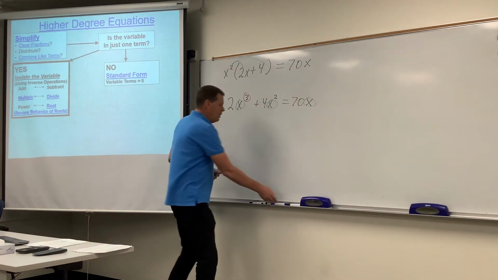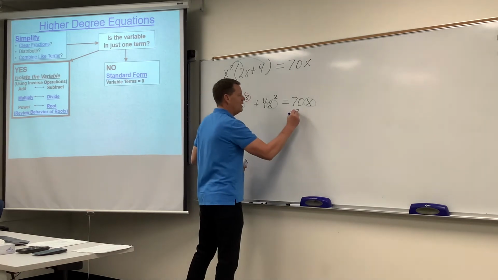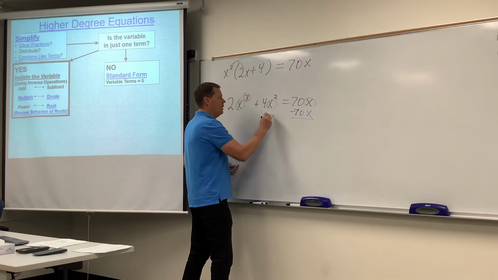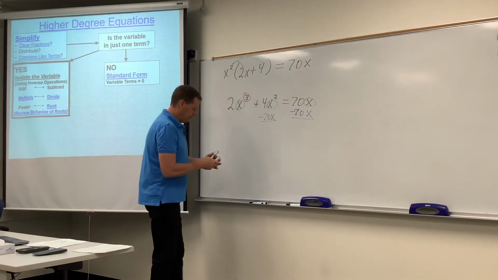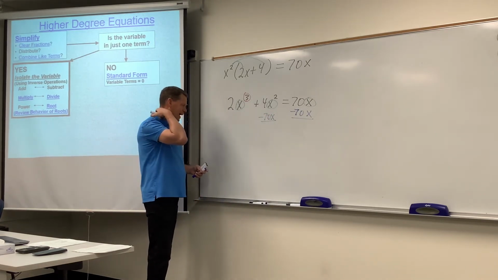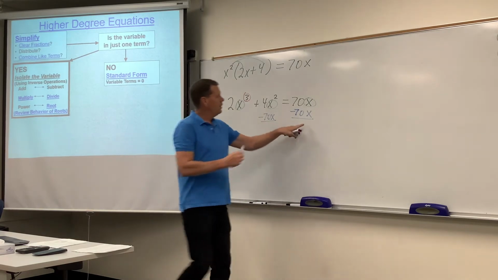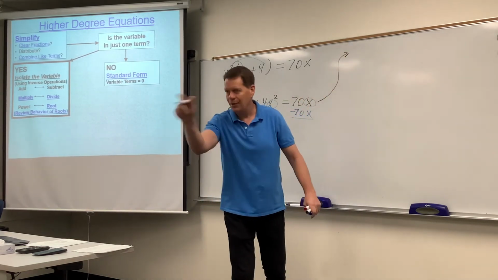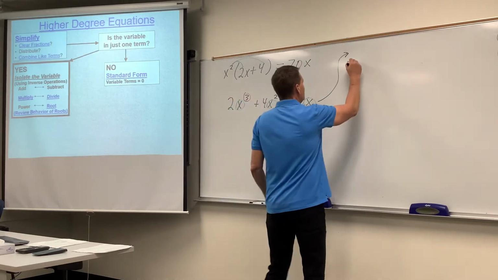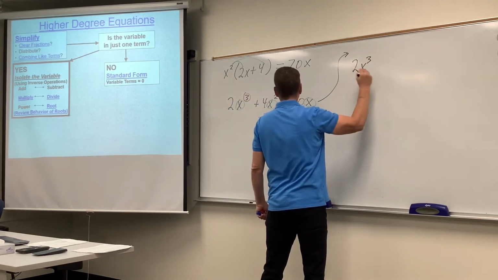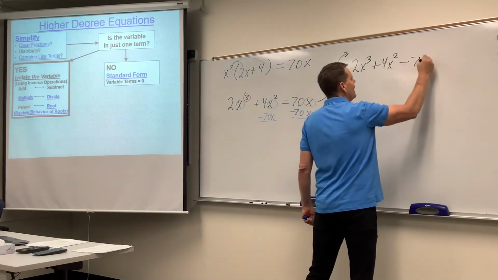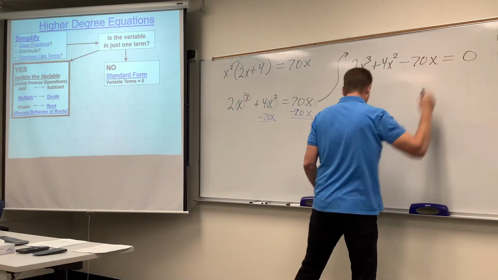So, the fastest way to accomplish that would be to subtract the 70x over here and get everything on one side. So upon doing that, I'm going to bring this up over here if that's okay. Is that okay with everybody? Okay, good, thanks. So we'd have 2x to the third power plus 4x squared minus 70x equals 0, all right?